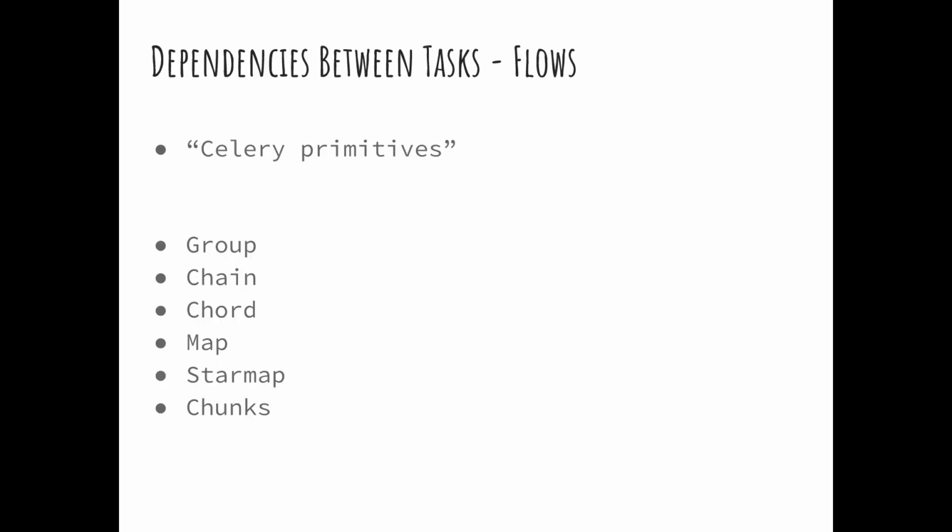We can do it using something that is called Celery primitives. This is something that Celery offers us. Celery offers primitives such as groups or chains and many others, but basically they let you run one task after another, so you have some task chaining, but you can also group tasks and run all tasks stated in a group in parallel.